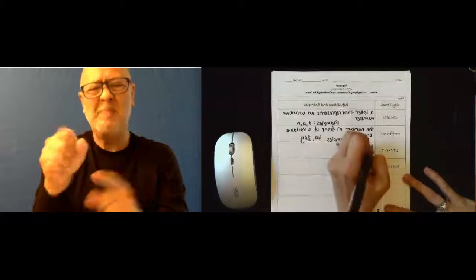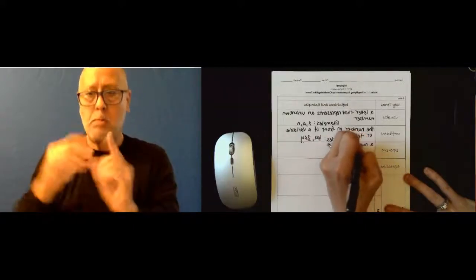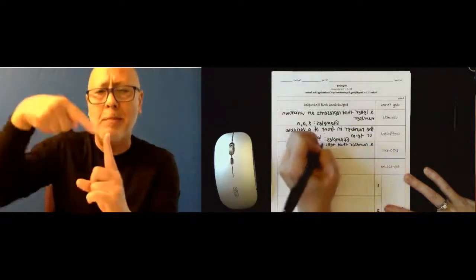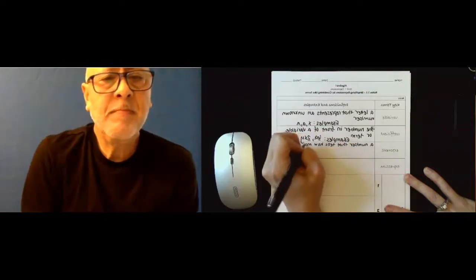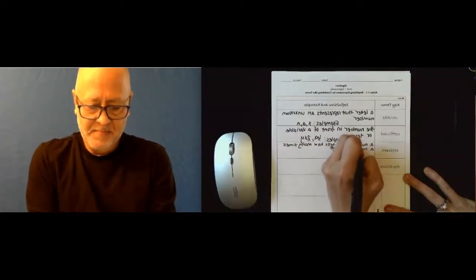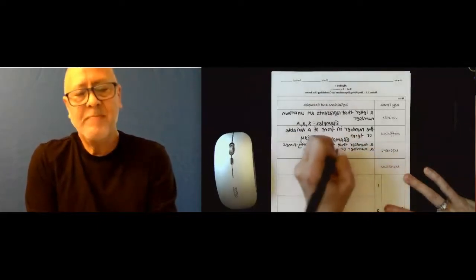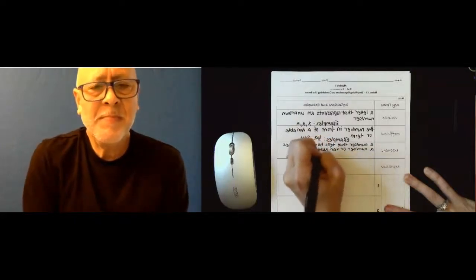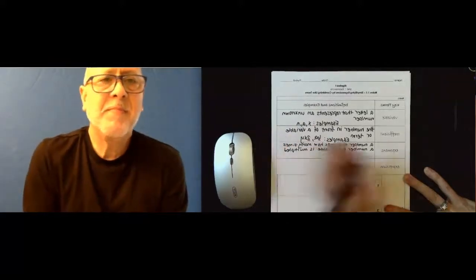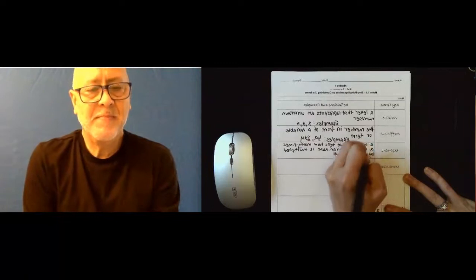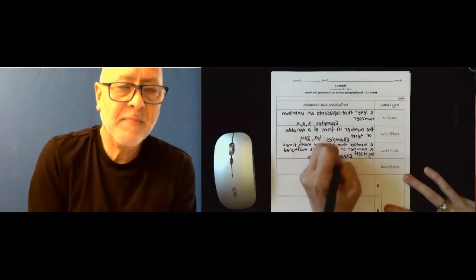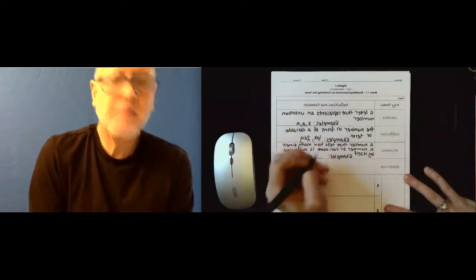Yes, this is a longer definition. So my examples.